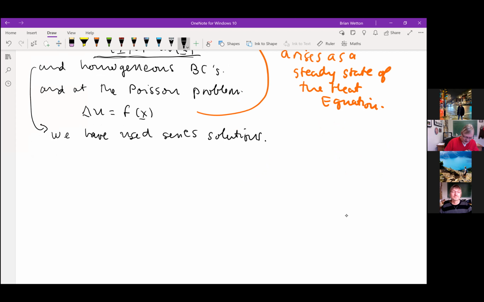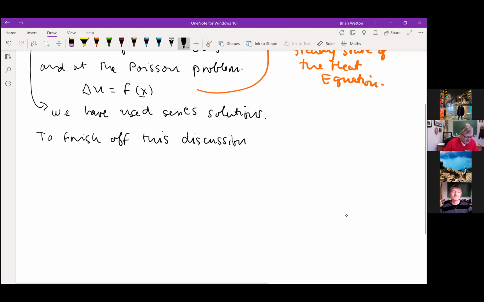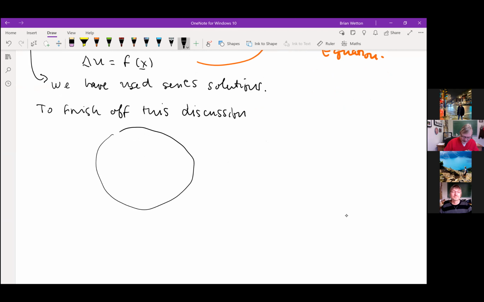So I'll say to finish off this discussion of those problems, we would have to look at non-homogeneous conditions. So if I looked at the 2D Poisson problem, except with zero data, but instead looked at the complementary problem where I specified data on the boundary, this is called the Laplace problem.